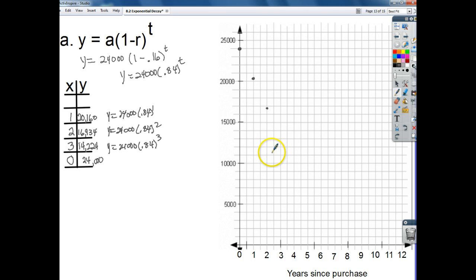And then for 3, we're at 14,224. So there's 15. Here's 14. 224 is just a little bit up from that. Right there. And then at the 4th year, we're at 11,948, or almost $12,000. Okay, it's right in there. So that should be enough for us to sort of connect these dots with a curved line.